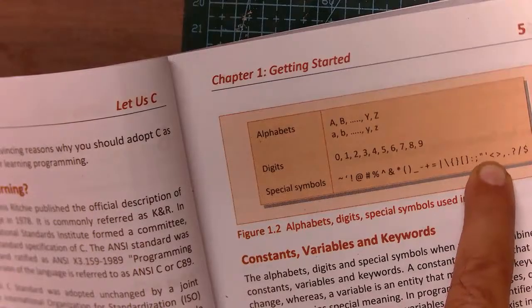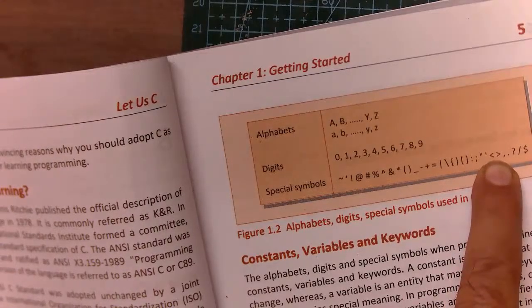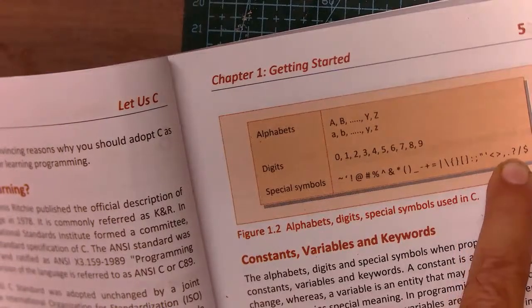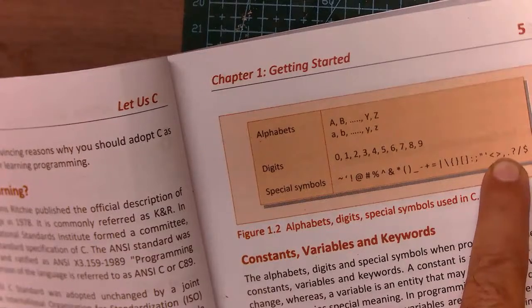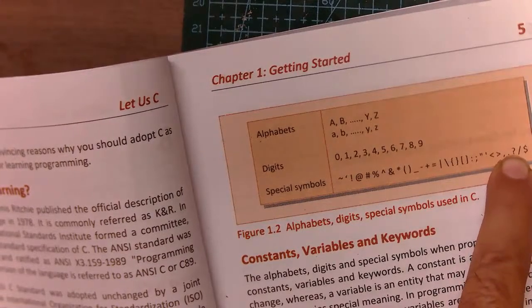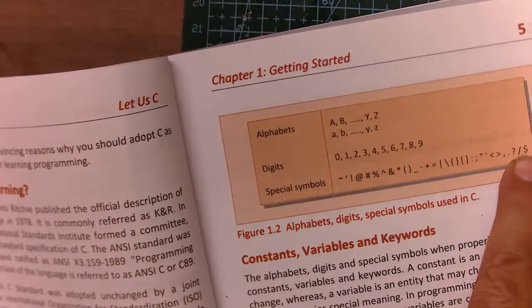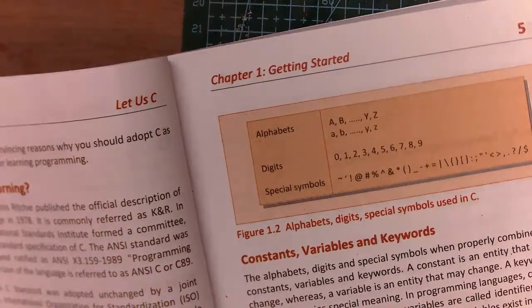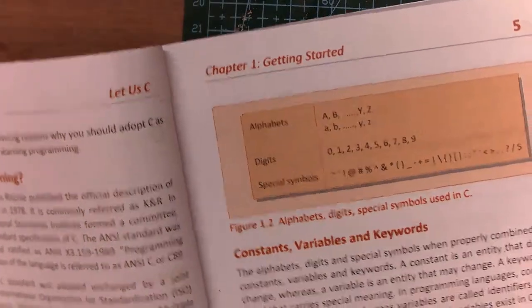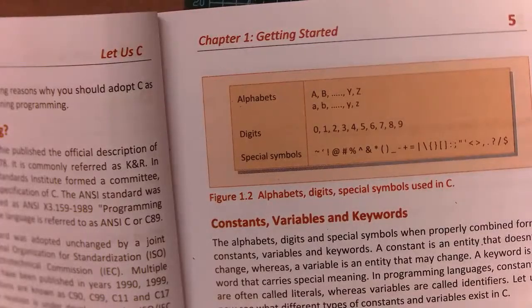This is less than. This is greater than, and this is comma, dot, question mark, forward slash, dollar. These are the symbols that we are going to use in programming: constants, variables, and keywords.